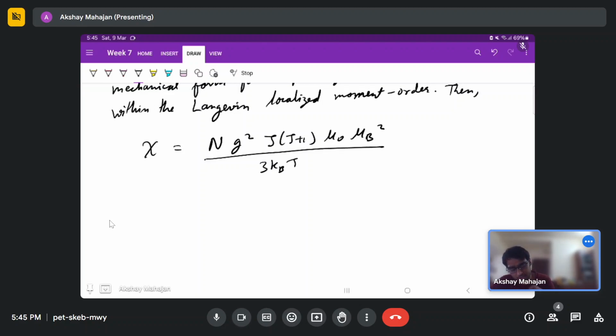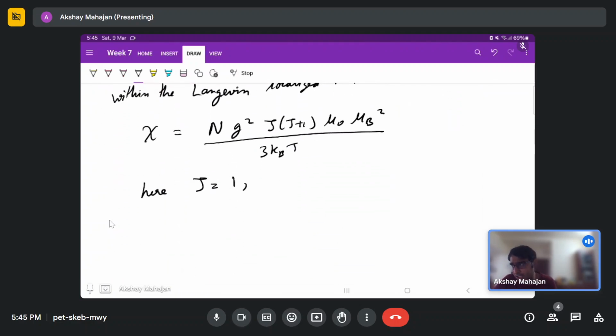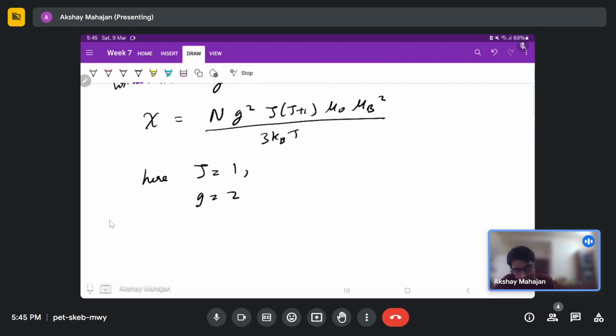Now we have to find this, and we already know this formula, right? Only in this case we are using SI units, so we have multiplied by mu naught so that our susceptibility is unitless. It is similar to the previous one, and nothing is given to us regarding the atom. J is given to us already, so we don't need to calculate it using Hund's rule as we did earlier. J and g are both given.